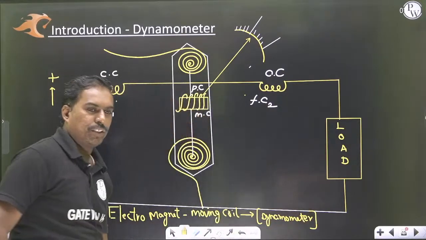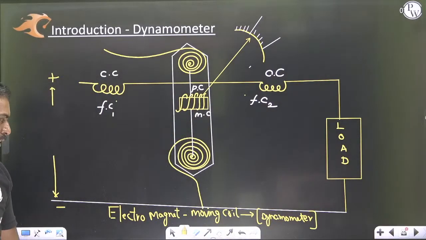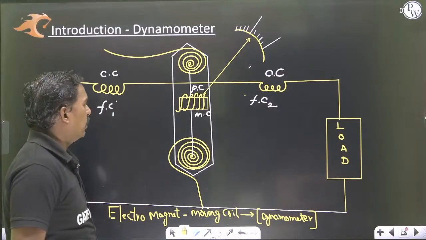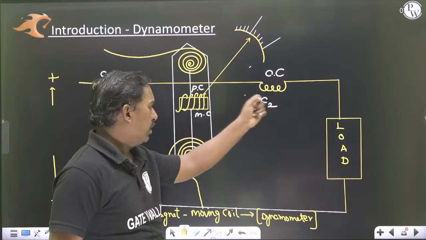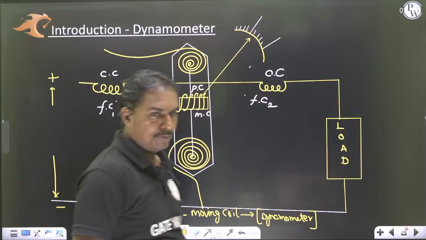The other name for the dynamometer is electromagnet moving coil. Why? Because there are two electromagnets and one moving coil. Okay.